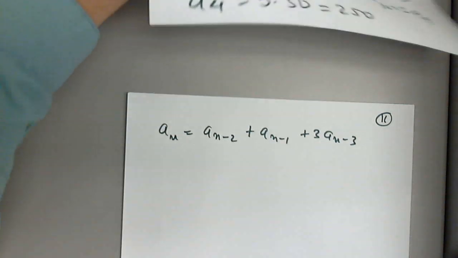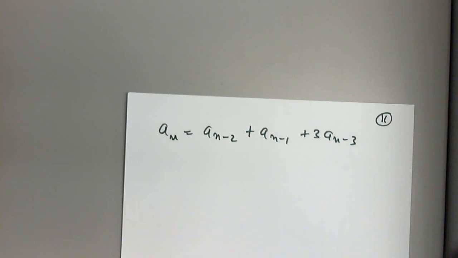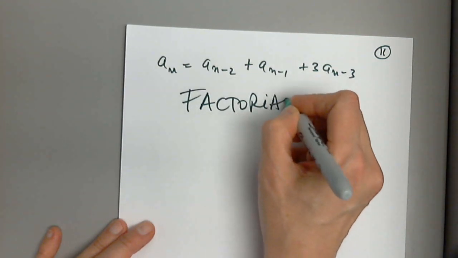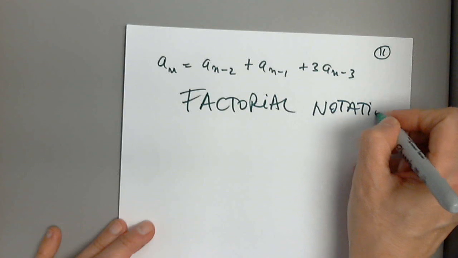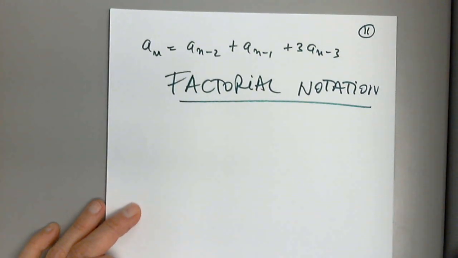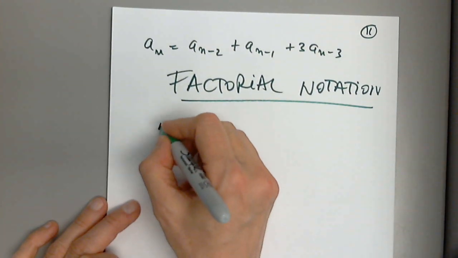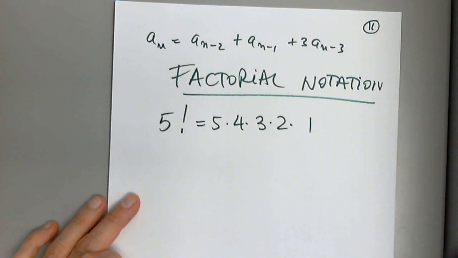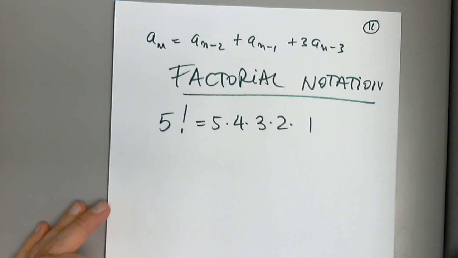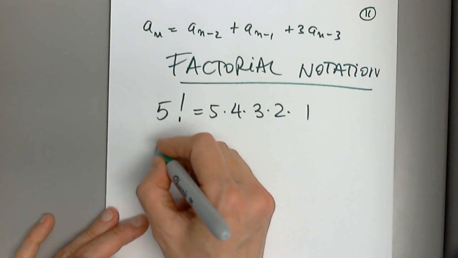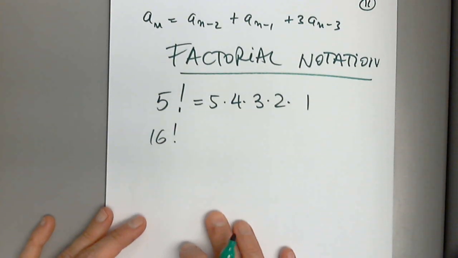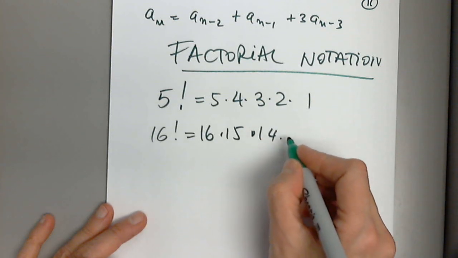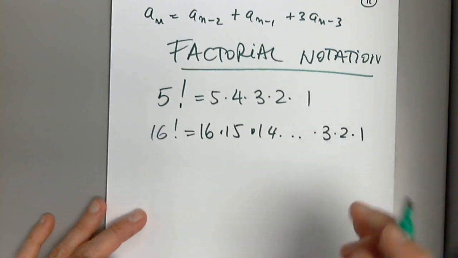Okay, let's take a look at the factorial notation. 5 factorial is 5 times 4 times 3 times 2 times 1. 16 factorial will be 16 times 15 times 14 times dot dot dot times 3 times 2 times 1.